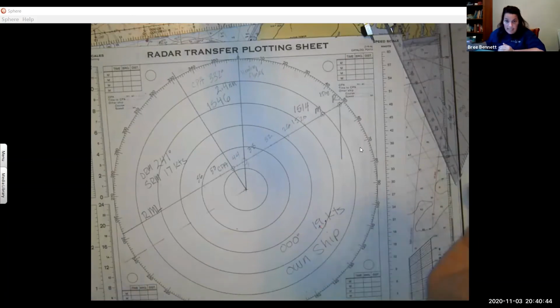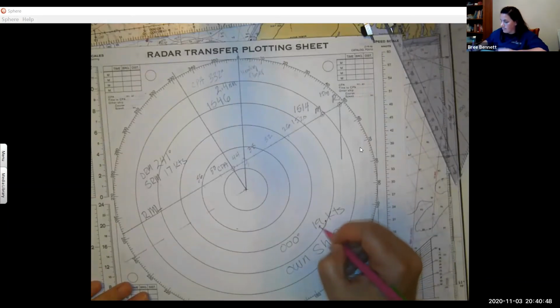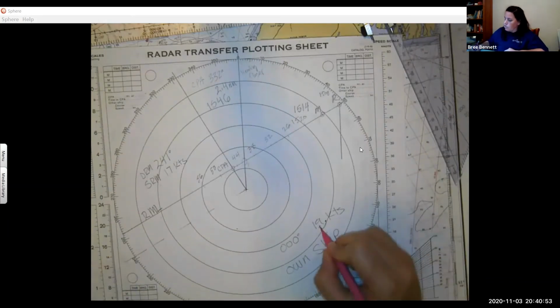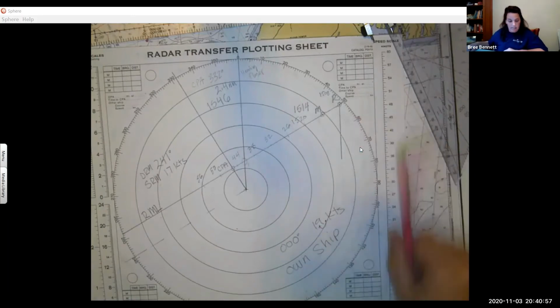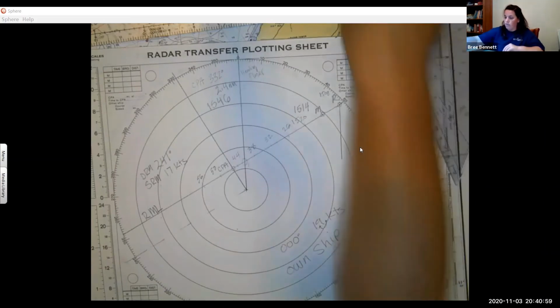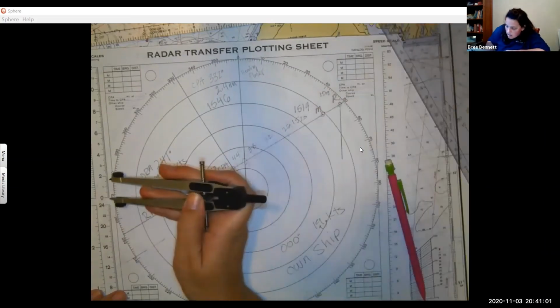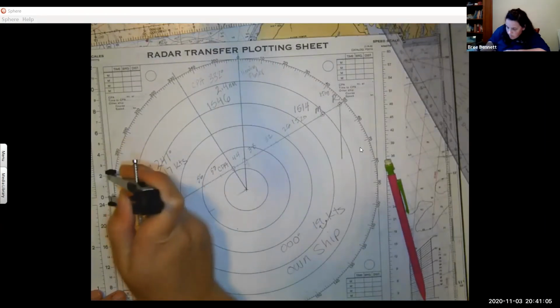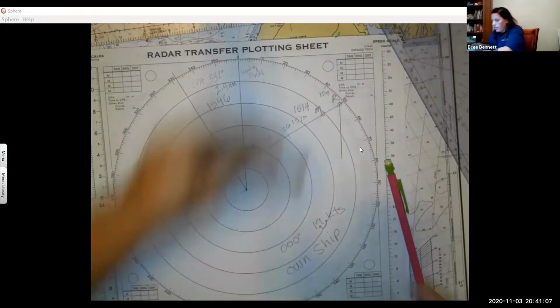Again, we can do that 60D street if we're unsure, but this is why we do it in the 6 minutes, just to make it easy on us. So 1.9 miles is going to be my distance. So let's find 1.9. Okay, 1.9.